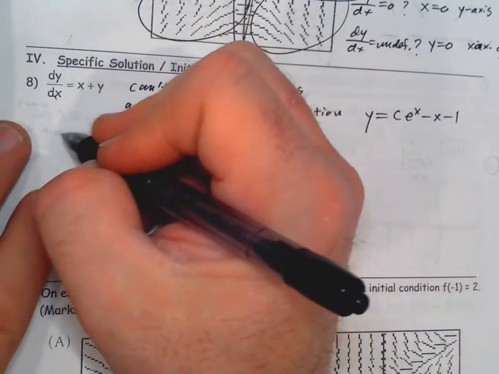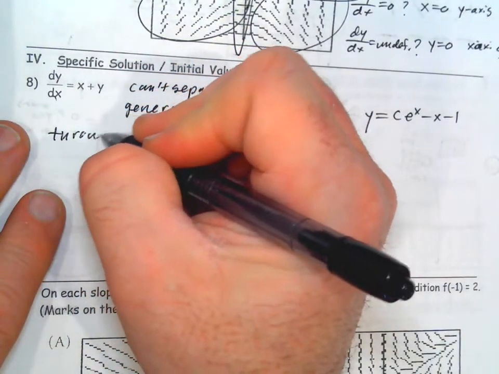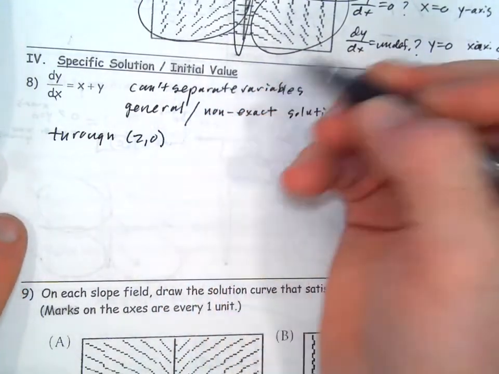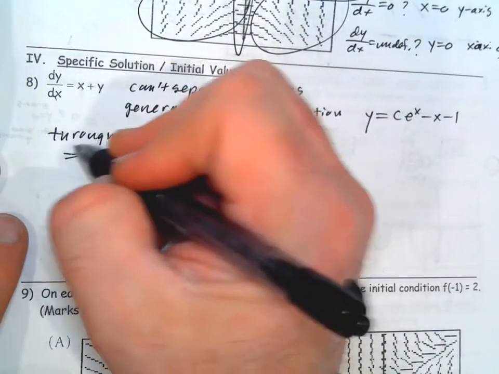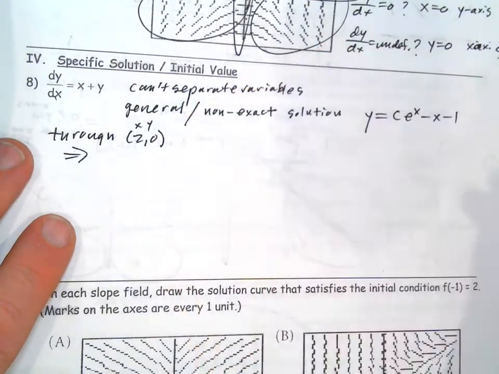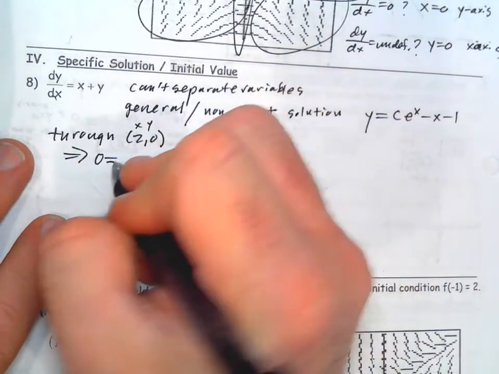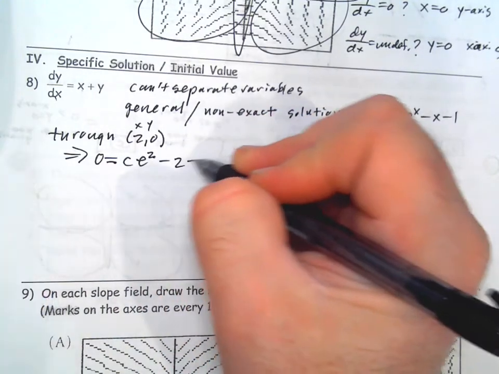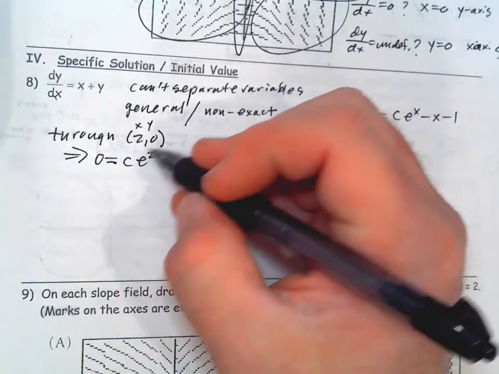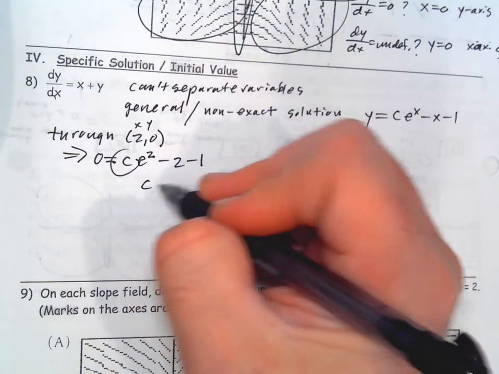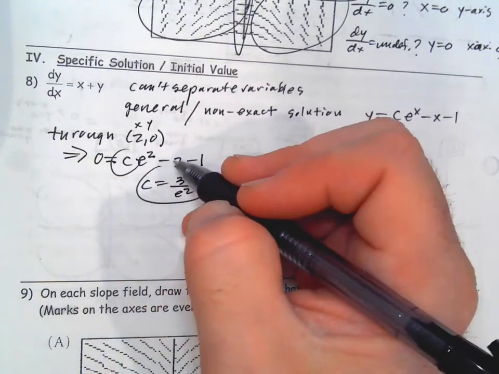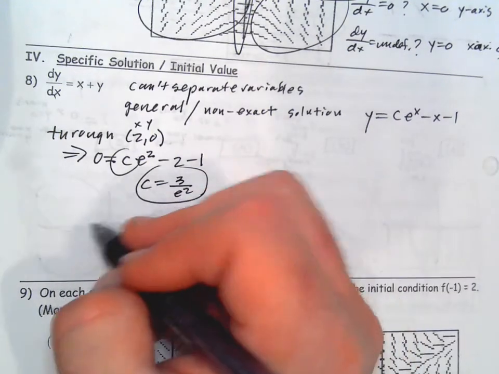So if I gave you an initial condition, and you use that general solution, we could find the c value, right? We could say, okay, well, this is x, this is y, so plug 0 for y. We could solve for c. c equals 3 over e squared, and then we could write the exact solution.